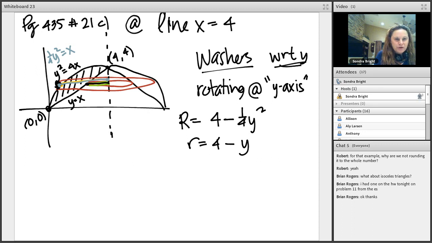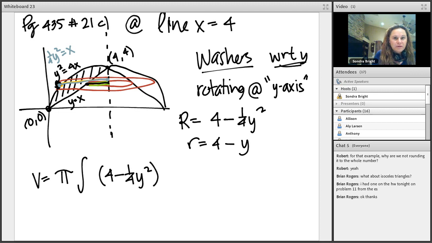And so your volume will be pi times the integral of big R squared minus little r squared, and this is all dy.